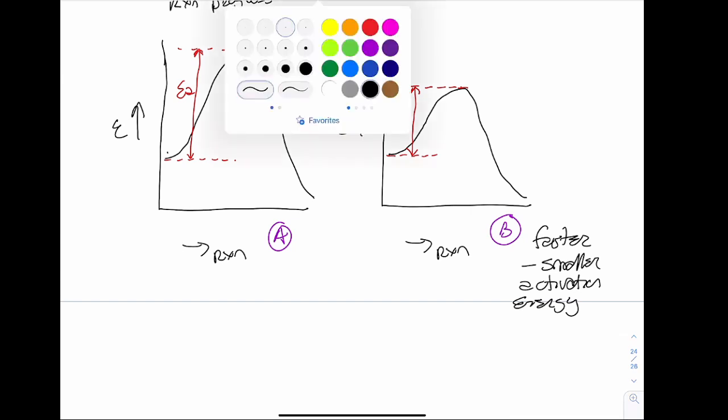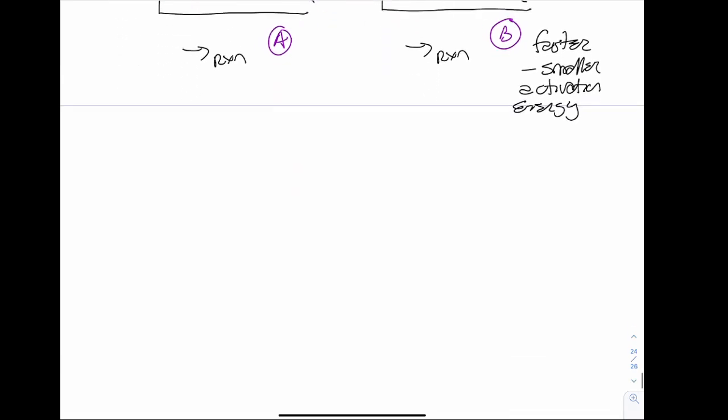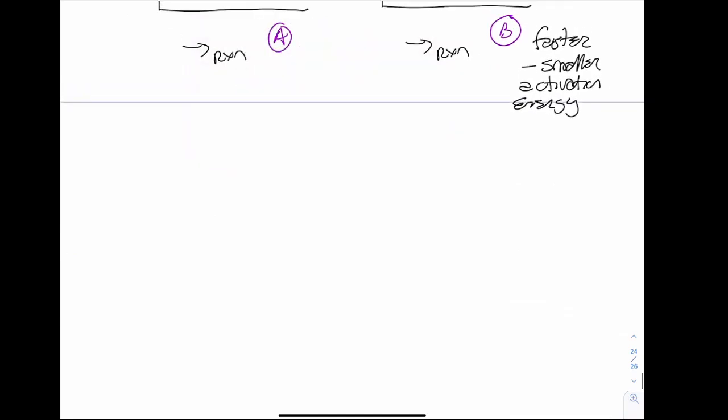So if I was to look at something that proceeds in 2 elementary steps, I'm going to give us another example here. I'm going to have 2 NO2 going to nitrogen trioxide, right? It's not nitrate because it's not an ion. If it was NO3 minus, it would be nitrate, but it's just nitrogen trioxide.